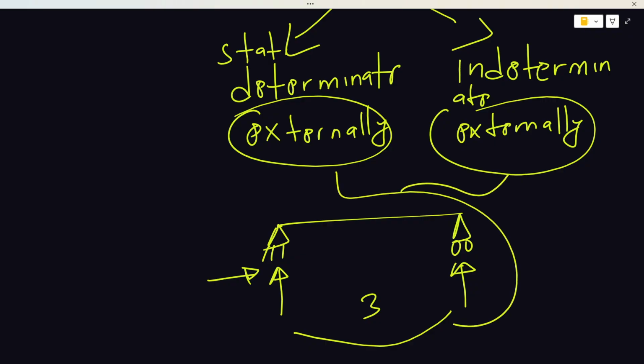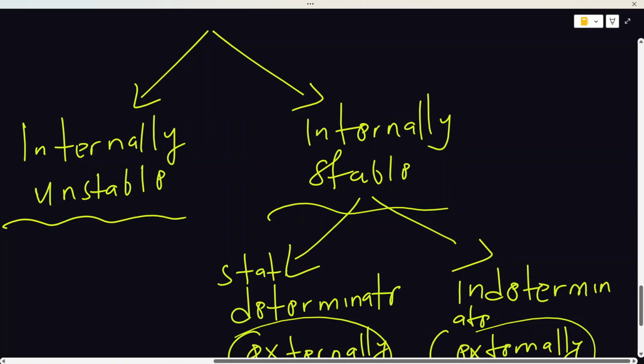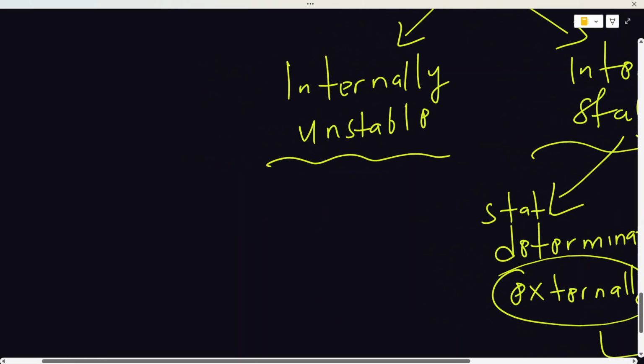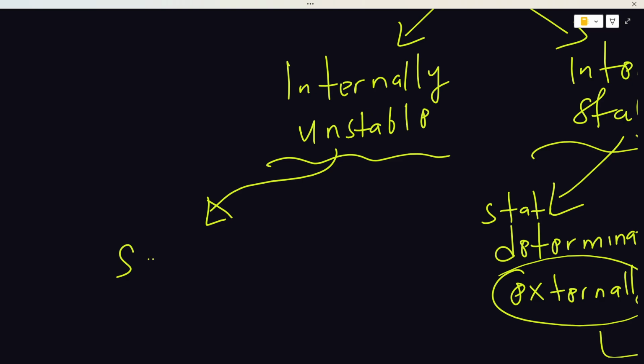That is why we classify it as indeterminate externally or determinate externally. Once again, the first thing you do is to know whether the structure is internally unstable or stable. Then whether it is unstable or stable, you can further classify it as indeterminate externally or statically determinate externally.